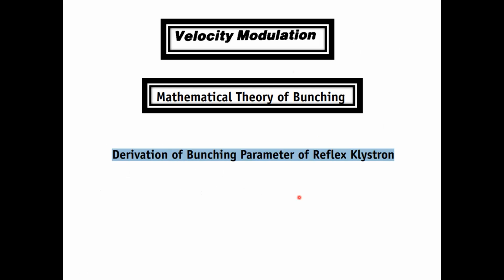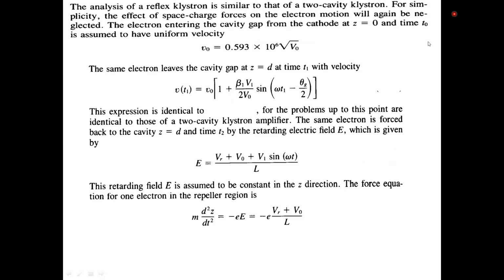Similarly, like the two cavity klystron, we have to derive the bunching parameter equation for the reflex klystron. So now the status of our present discussion in our syllabus: derivation of the bunching parameter of the reflex klystron. Go to the next slide. So the analysis starts from initial theory.